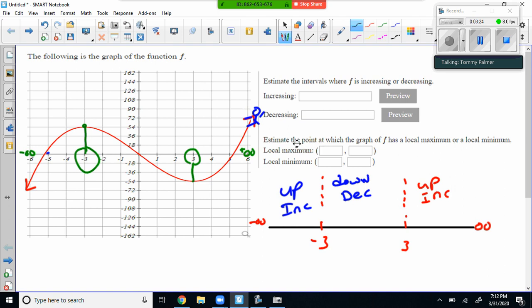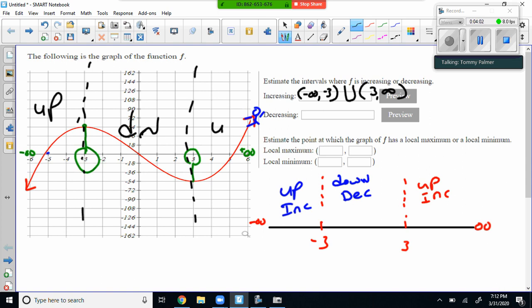Once I do this, then it's very simple to know where it's increasing. Well, it's increasing from negative infinity to -3. And then 3 to infinity, right? There's a break here because it's going down, it's decreasing, it's not going up during this point. So sometimes I teach it on the graphs themselves. So I'm going up, I'm going down, I'm going up, right?